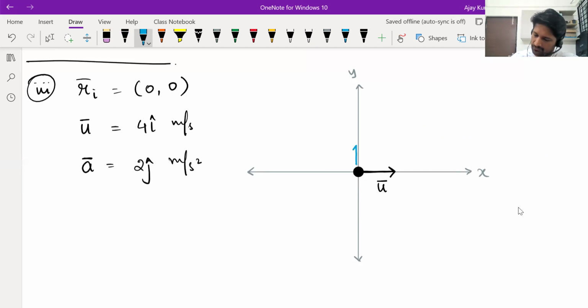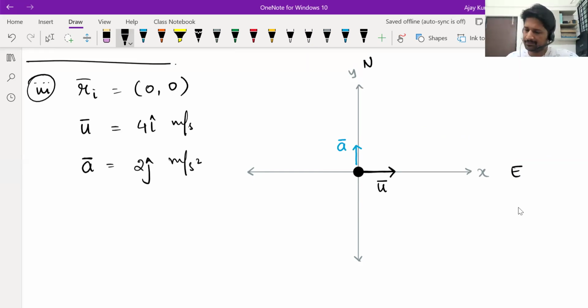We know that force gives acceleration. So an object which is moving to the right, or you can call it eastward direction, and this is the northward direction. An object which was moving towards east is pushed by some force towards north. How do you think the object will move? Will it continue moving in that straight line towards east?